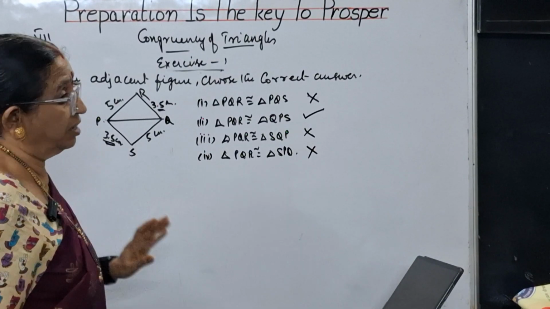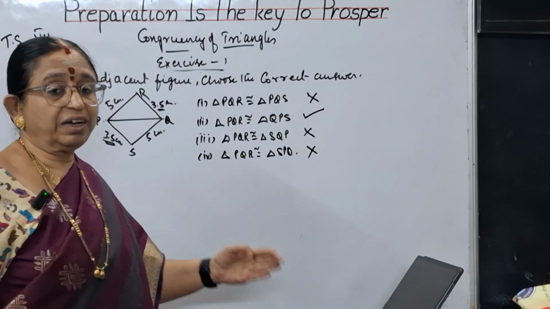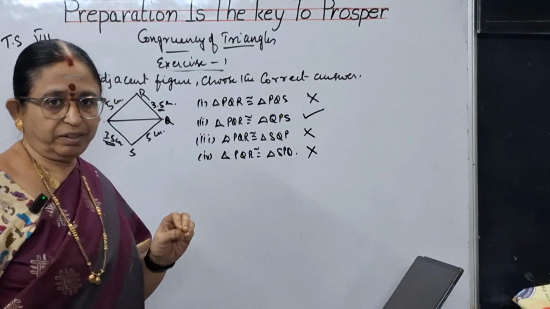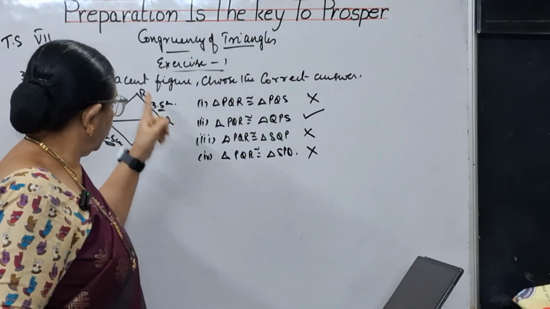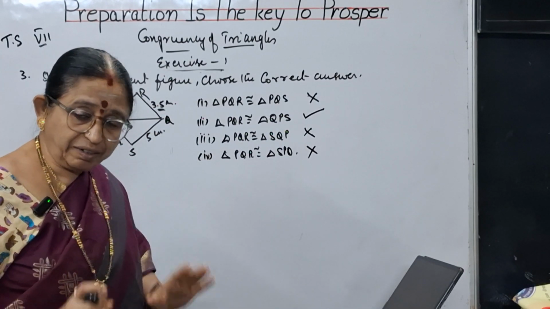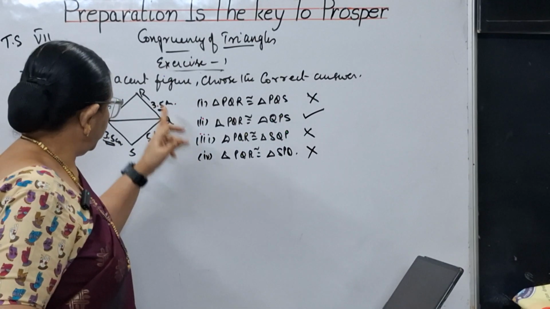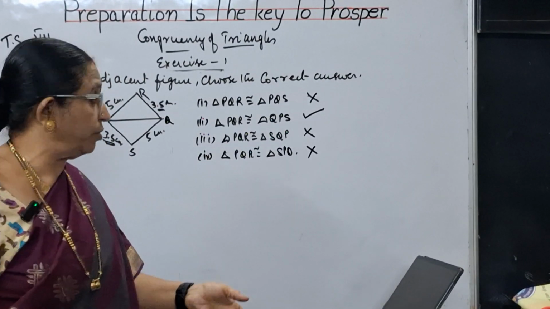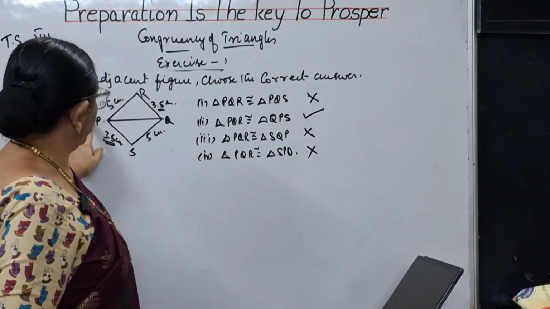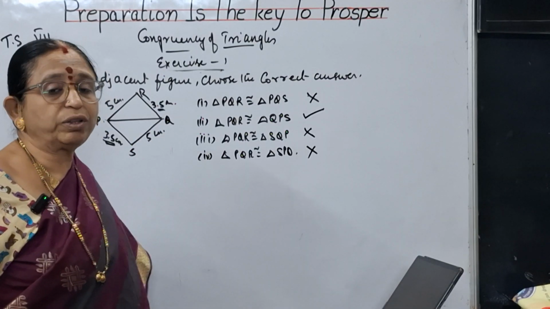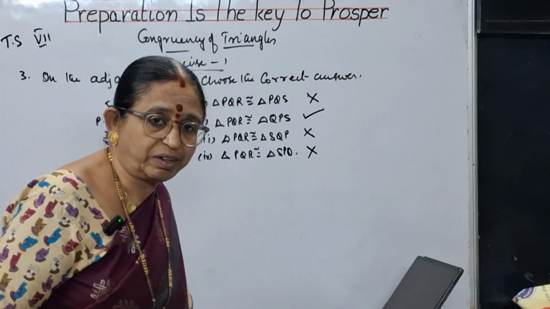The reason here is the direction in which we are talking about the sides. PQR means PQ is same. The measure is same. But when you are talking QR, QR is 3.5. But when you take the first one, PQS, QS is 5 centimeters, so the order is not matching.